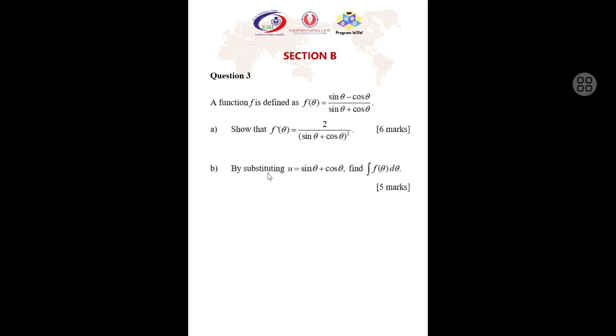And then B, by substituting u equals to sine theta plus cos theta, they want you to integrate f theta d theta. So A, first we show that our first derivative is equivalent to 2 over sine theta plus cos theta square. So write down your f theta first.